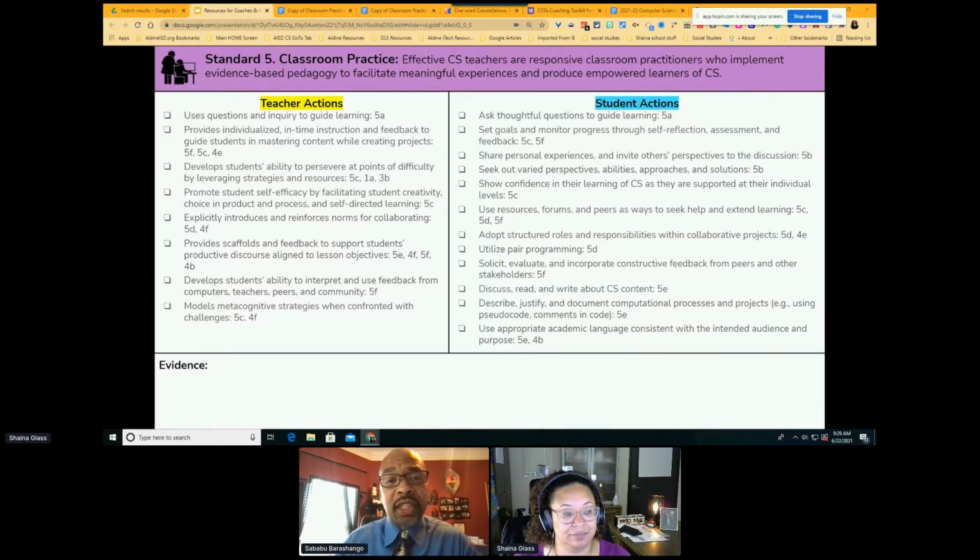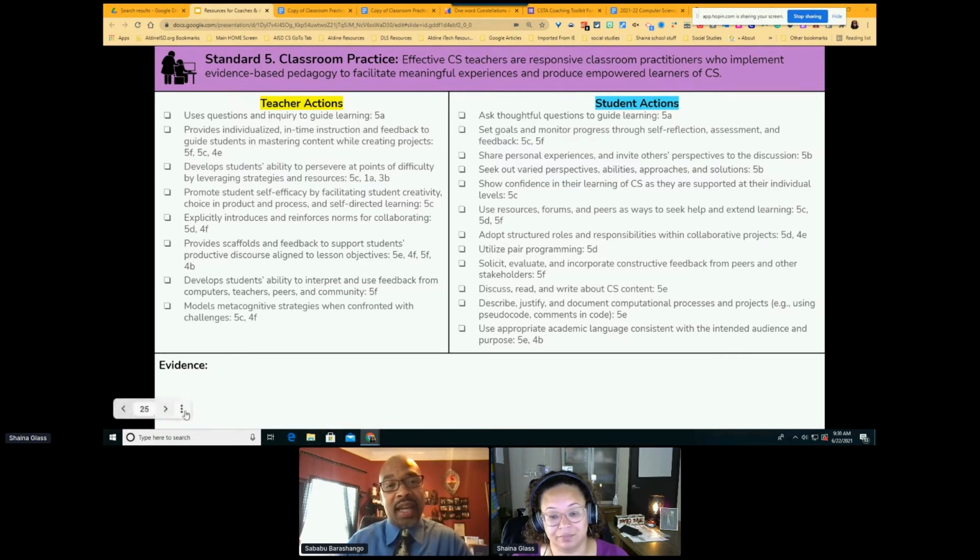Look at the teacher actions, and if you observed those teacher actions in the scenarios, in the vignettes, highlight the teacher action you observed, as well as the evidence where it's located in the scenario, in yellow.